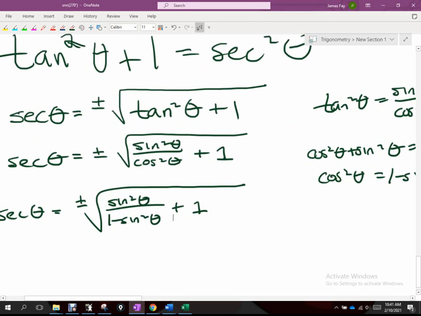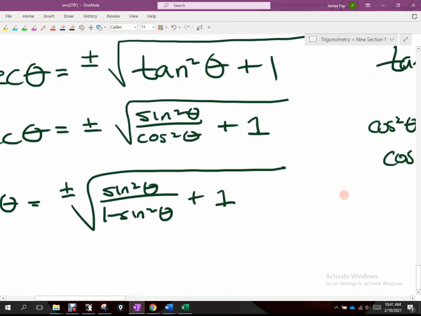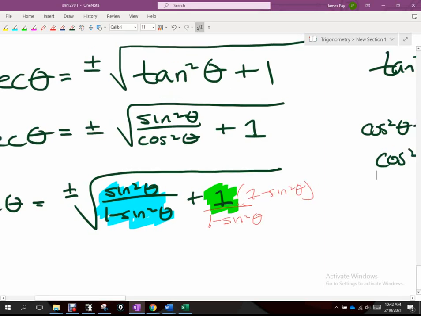What would I need to combine them? A common denominator. So I multiply the bottom by that, I multiply the top by it, correct? Then you can merge those.